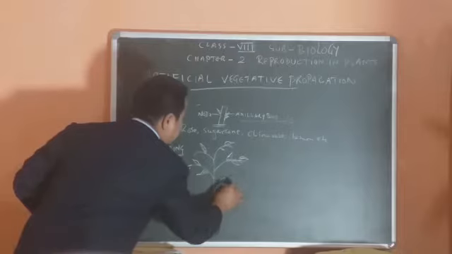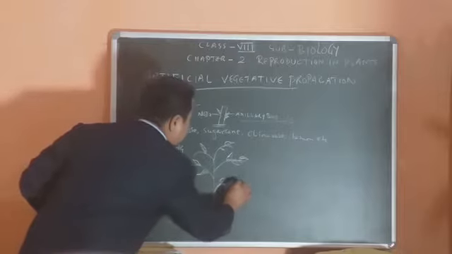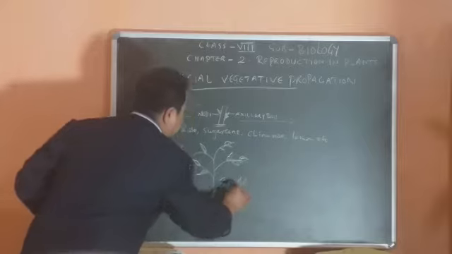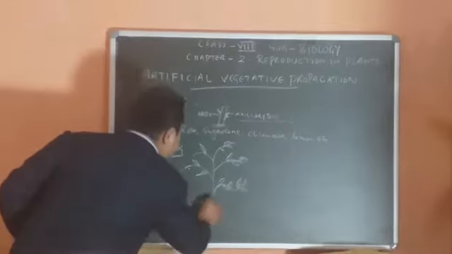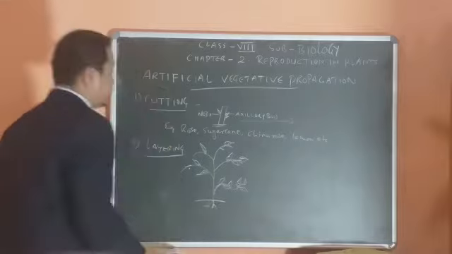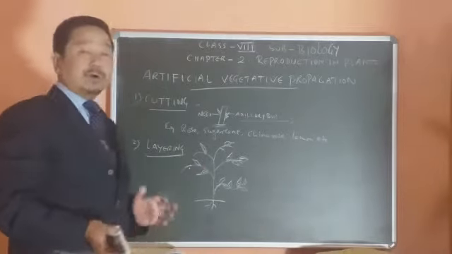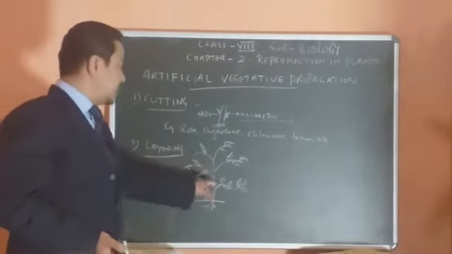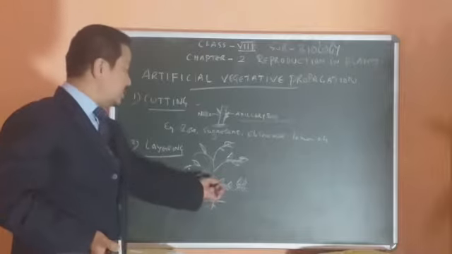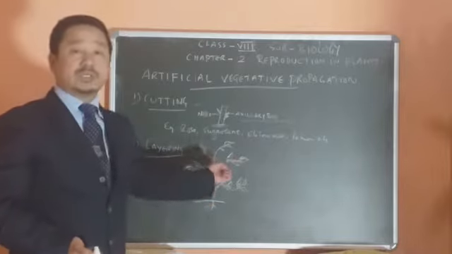Okay, layering. So this is a plant which is already fixed to the soil. In layering, we select the branch which is at the bottom, the lowermost branch.